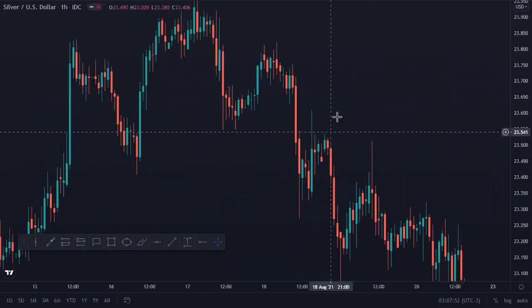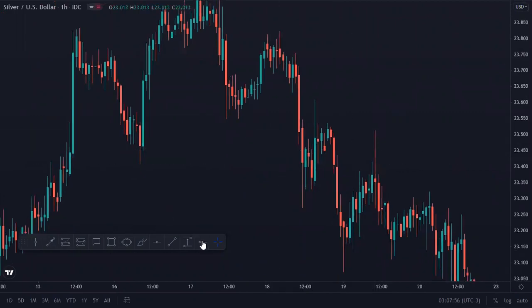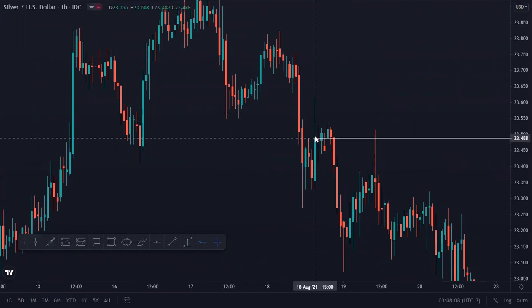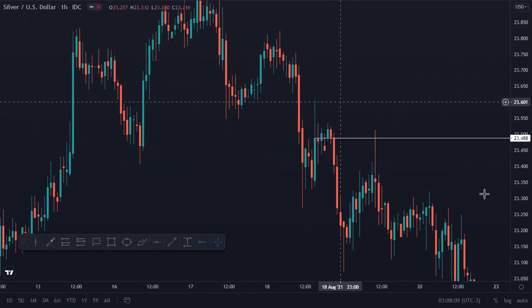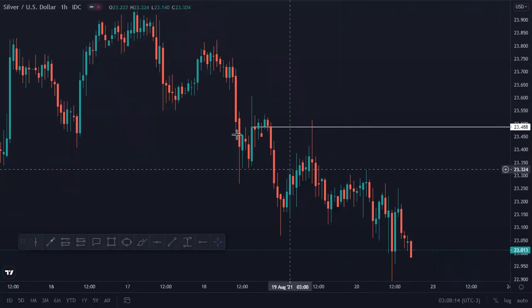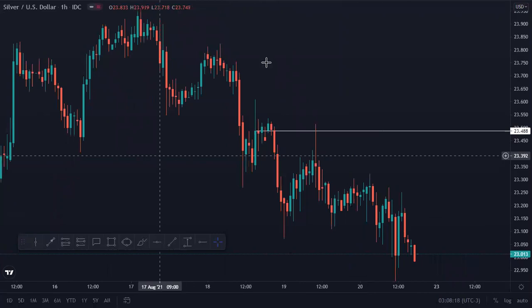Okay, right here we can see our invalidation point. Our invalidation point is right here. This is our invalidation point. When I say this is our invalidation point, do you get me? Yes, I get you. Okay, we can move on.